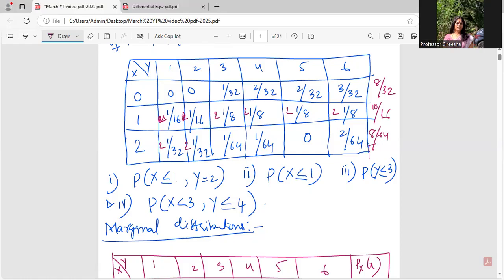Of course, I have to take the sum of all the probabilities and it should turn out to be 1, right? Similarly here, this is P suffix X. This is P suffix Y. So these would be 2 plus 1, it is 3 by 32. Here also it is 3 by 32. And then here it is 8 by 64, 8 plus 1, 8, 8 by 64.